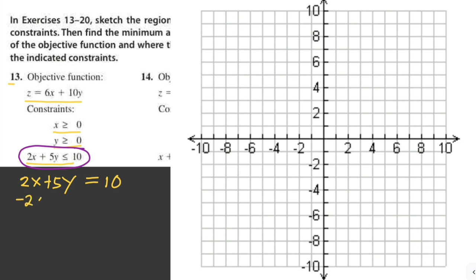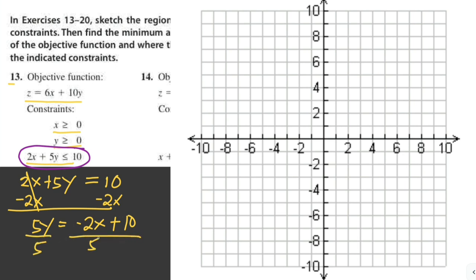So we subtract 2x from both sides. This cancels out. So we have 5y equals negative 2x plus 10, and then we divide both sides by 5. This is just equal to y equals negative 2 over 5 x plus 2, since 10 divided by 5 is 2. Therefore the slope of this line is equal to negative 2 over 5.